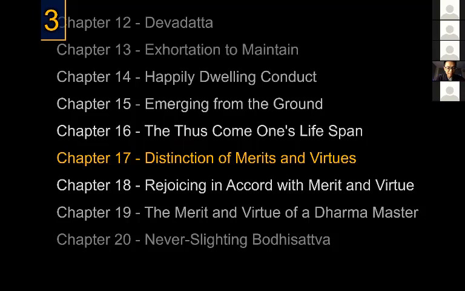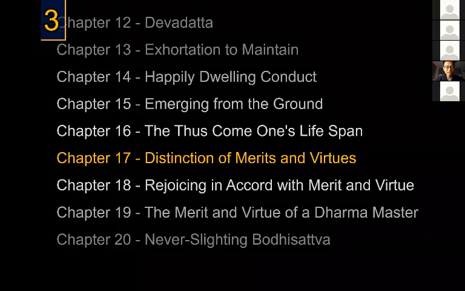Like we were saying, this chapter 17 actually links all the way from chapter 15, where we saw this whole group of countless bodhisattvas emerge from the ground, whom no one had seen before, which brought a lot of curiosity to people, thinking, where do these people come from, and who's their teacher?